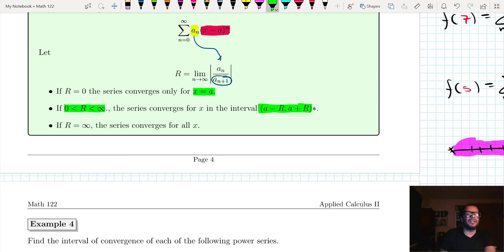And finally, if you get r equals infinity, that is, an infinite radius, the series converges for all x. Let's do examples to make more sense out of what we just have read and highlighted.